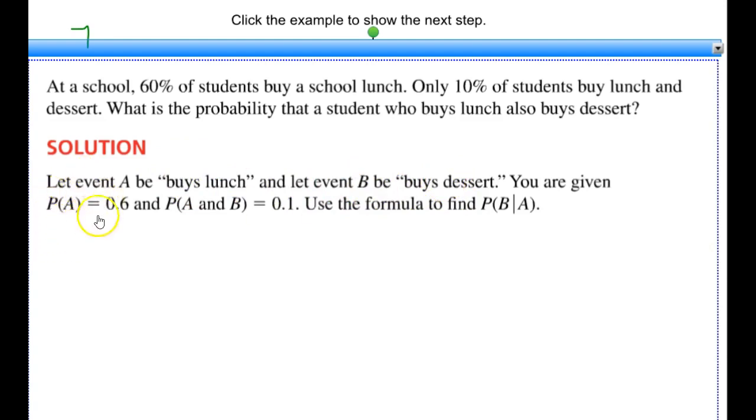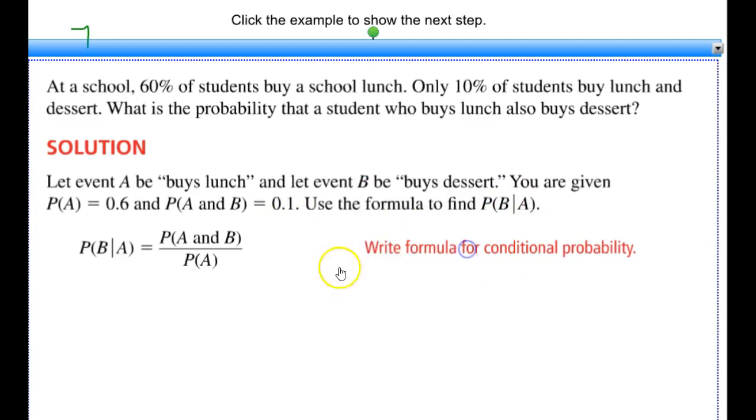So I'm given that the probability of A is 0.6. When I'm dealing with probabilities, I always want to deal with my decimal and not my percentage, so I'm always going to convert my percent to my decimal first. The probability of A was 0.6, and the probability of A and B was 0.1. Now I can find my formula to find B, given that A has already happened.